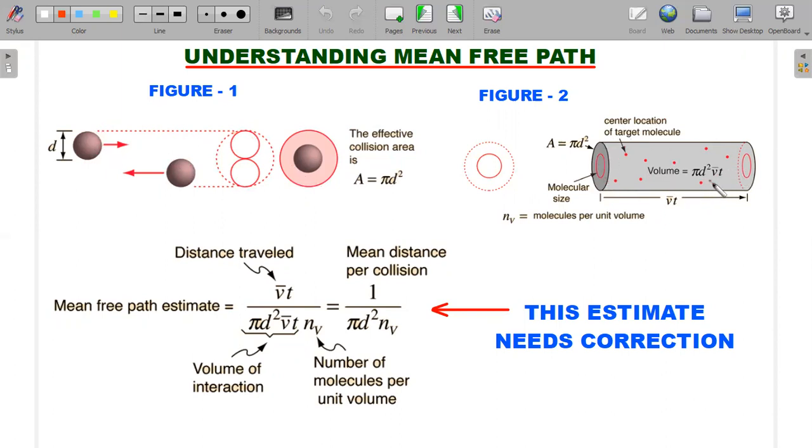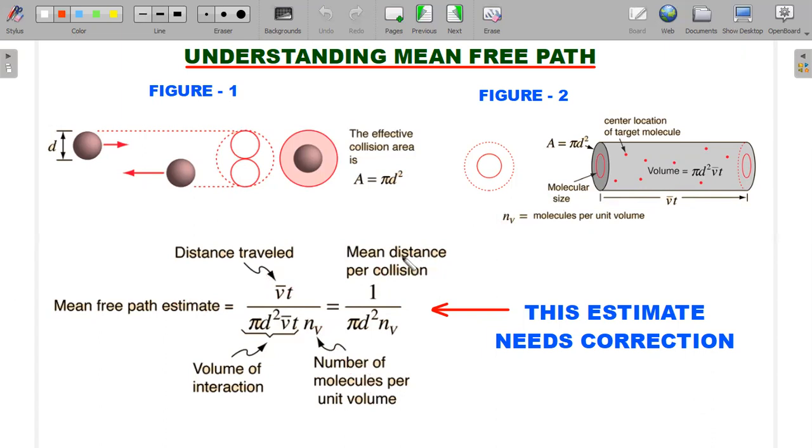That volume is pi d squared times v times t. Therefore, the distance traveled, vt, divided by the volume of interaction multiplied by the number of molecules per unit volume, n subscript v, gives the estimate for the mean free path.